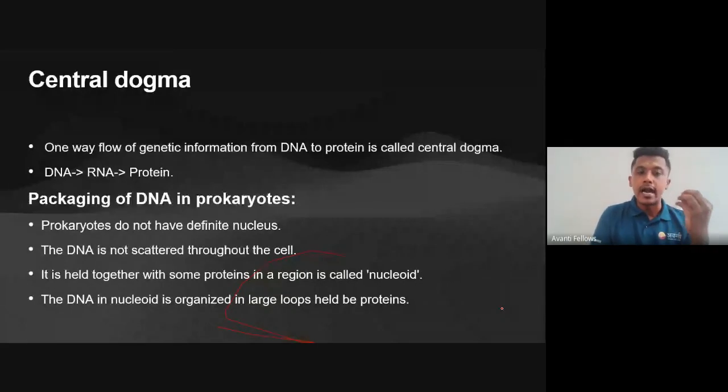We understand characteristics from Mendelian genetics, like yellow color, round shape, wrinkled shape, or red color eyes, brown color eyes, yellow color body. So anything that you can see and observe is called a character, right? So how does this character come into place?